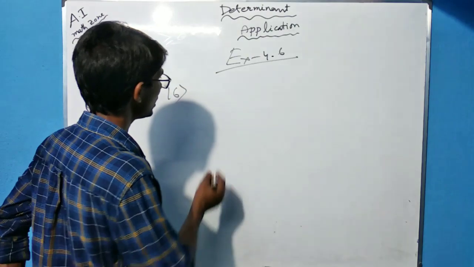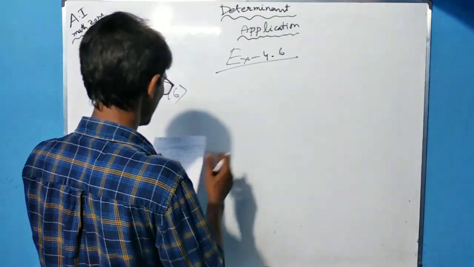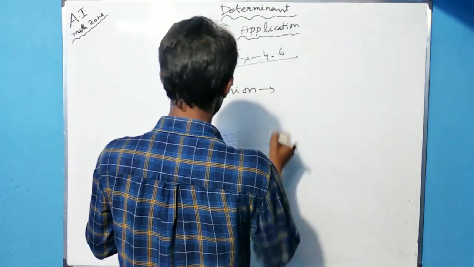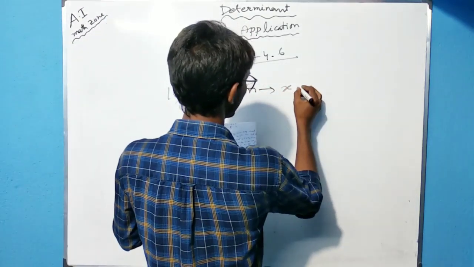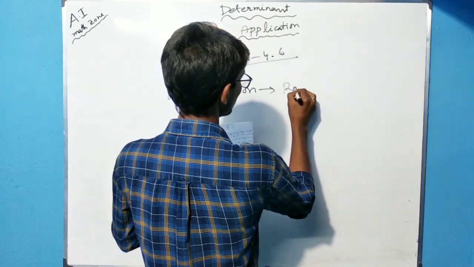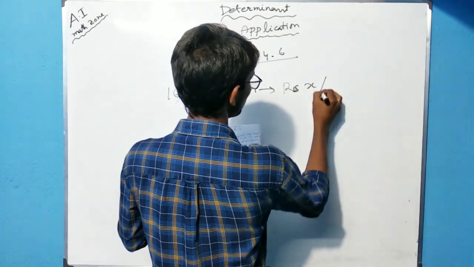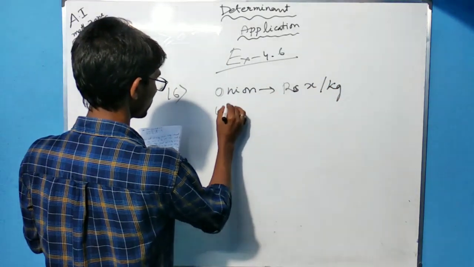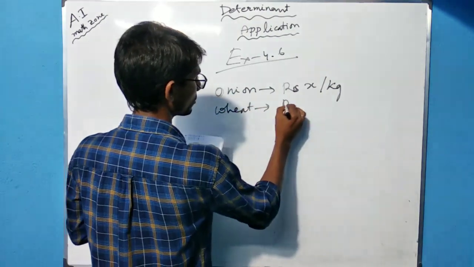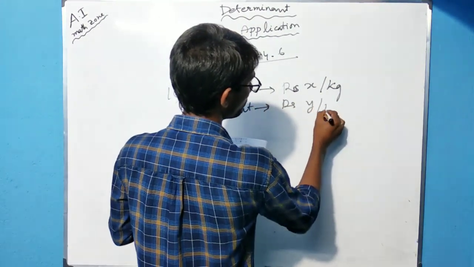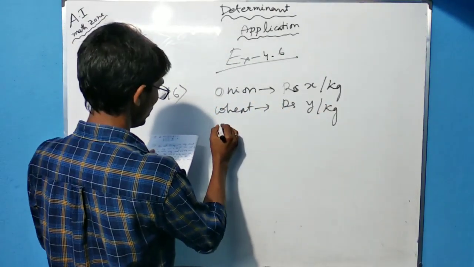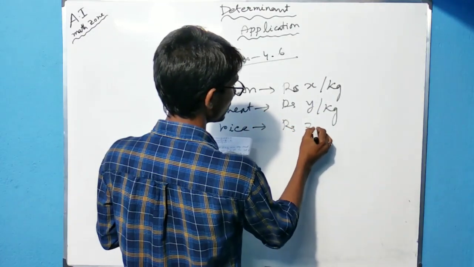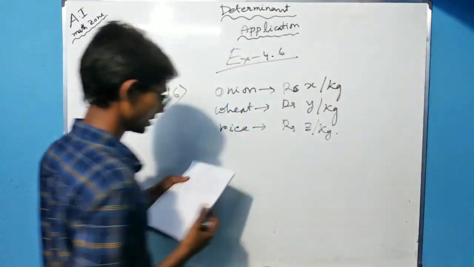Okay, now let onion be rupees X per kg, wheat rupees Y per kg and rice rupees Z per kg, right?